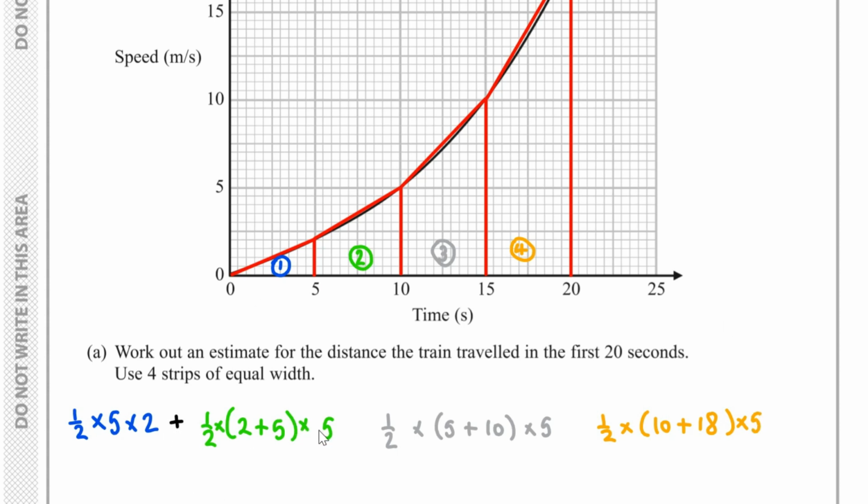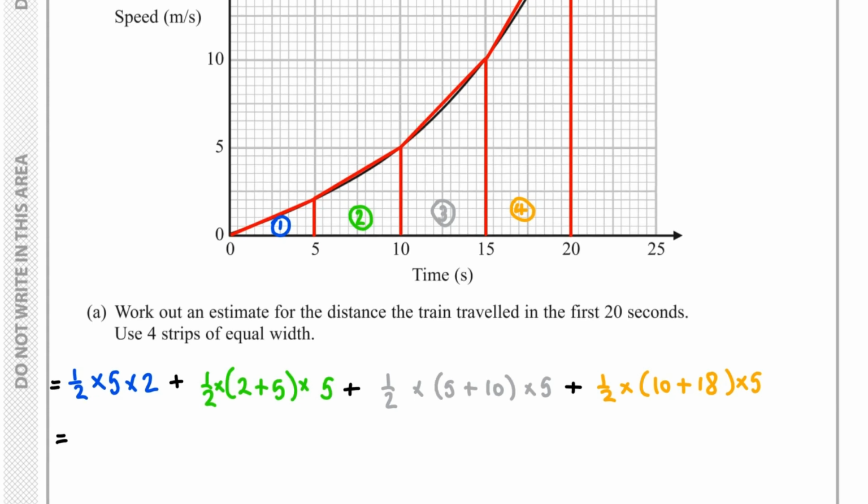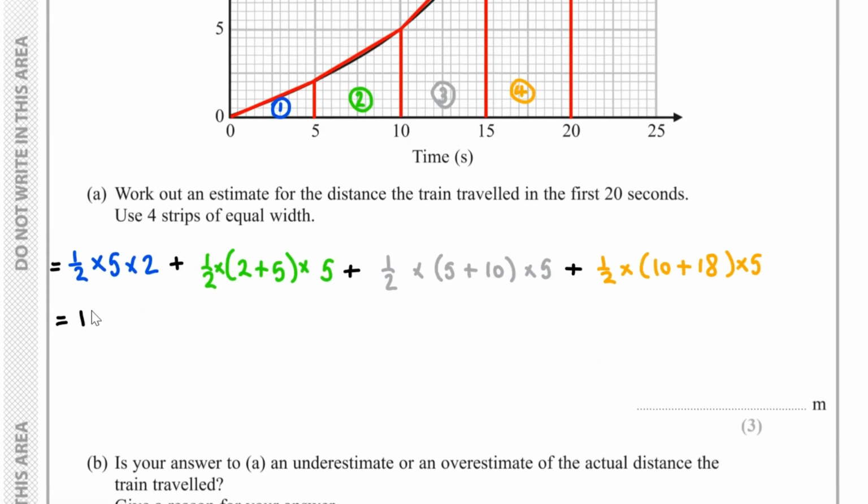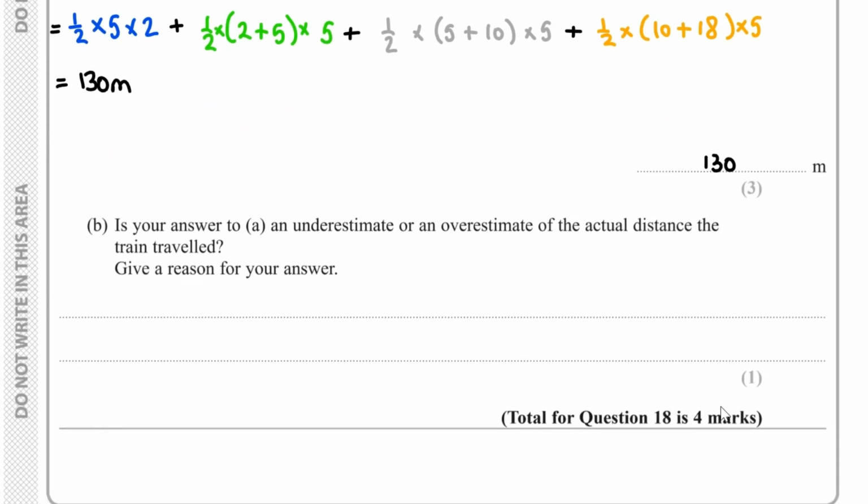And then of course we need to add all these together, and that will give us the distance. So therefore the distance is 130 meters.